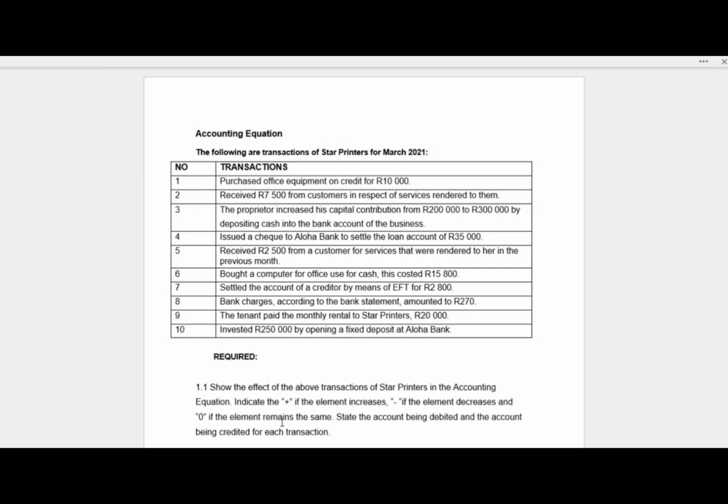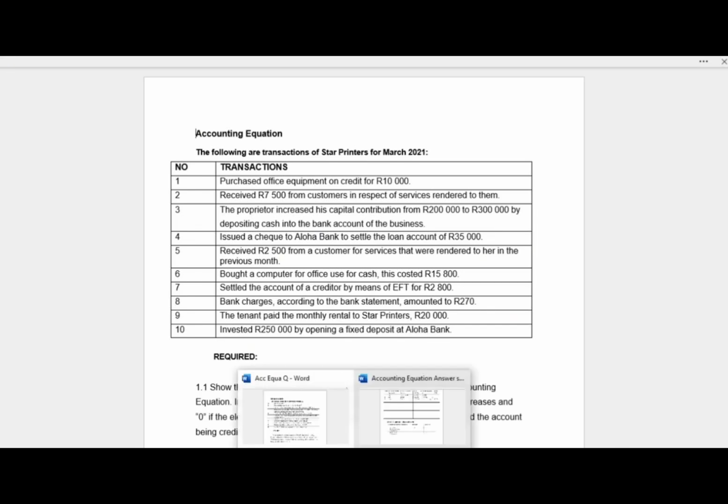So when you receive money from a customer that has been owing you, two accounts affected are going to be bank and the customer. The customer that was owing you, they are debtors. So you can say debtors control. So two accounts affected are going to be bank and debtors, and both of them are assets.